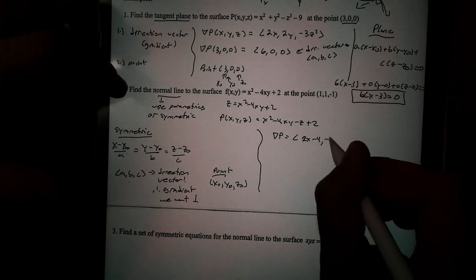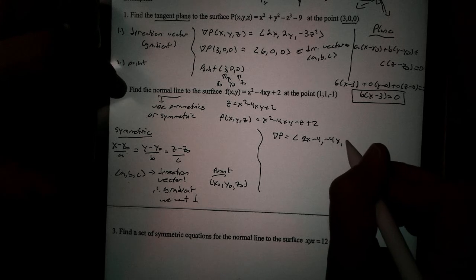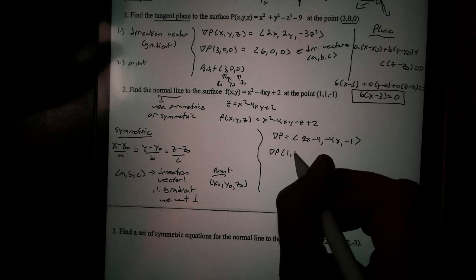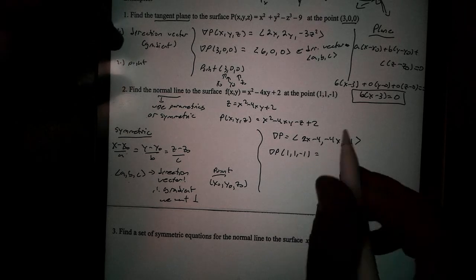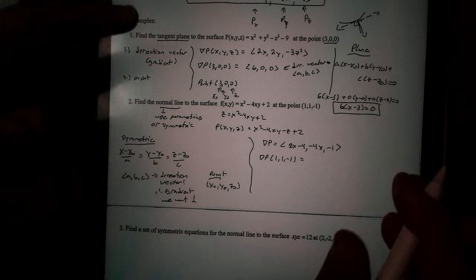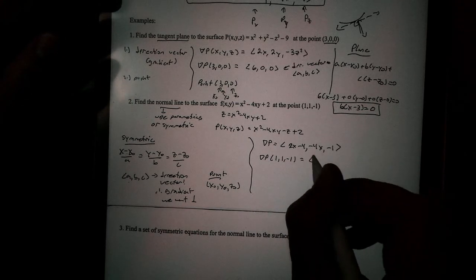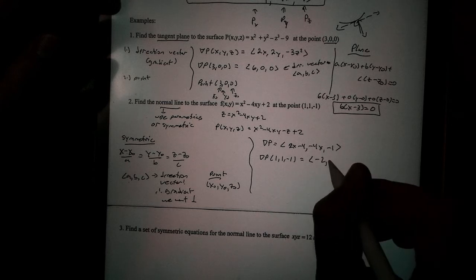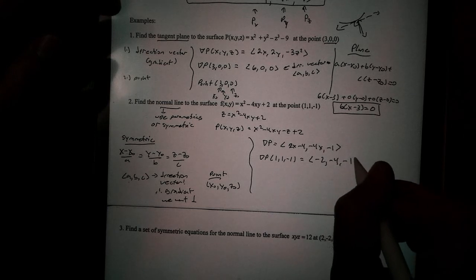In terms of y, negative 4x, and z, negative 1. Find the gradient at the point 1, 1, negative 1. Remember, what this is going to give for us is our direction vector. Plugging in the 1, this is 2 minus 4, so negative 2. Then negative 4, negative 1.